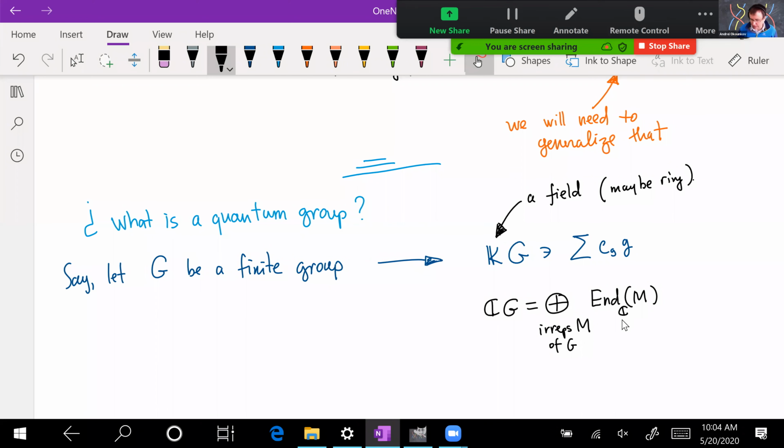So in some sense, it tells you exactly what the irreducible representations are. On the other hand, of course, it forgets a lot of information. Many different groups will have the same group algebra. So if I'd like to reconstruct the group from the group algebra, then I have to remember more.